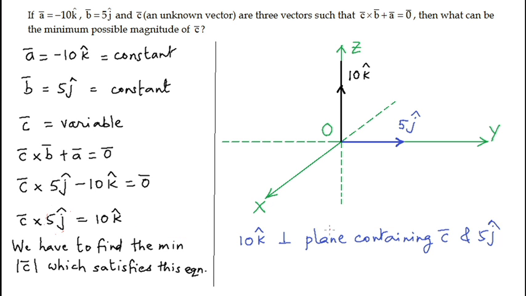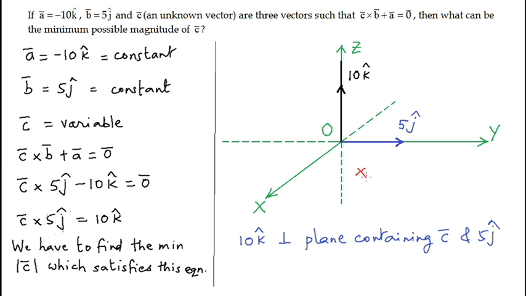Try to think of a plane which contains 5j cap and which is perpendicular to this vector 10k cap. If you can imagine that plane, then clearly that plane would also contain the third vector c bar. If you think for a while, probably you would be able to identify that plane.